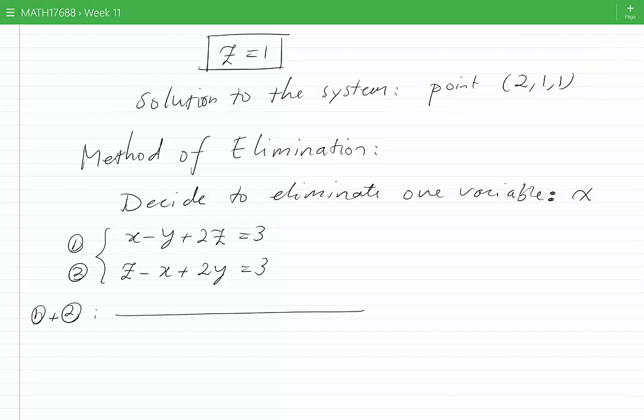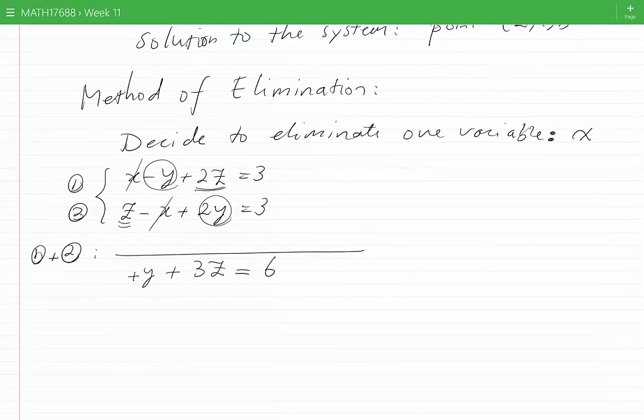We would have minus y plus 2y, which is plus y, 2z plus z, which is 3z, x minus x, which is 0, is equal to 3 plus 3, which is 6. I call this equation 4. It does not have an x term in it.